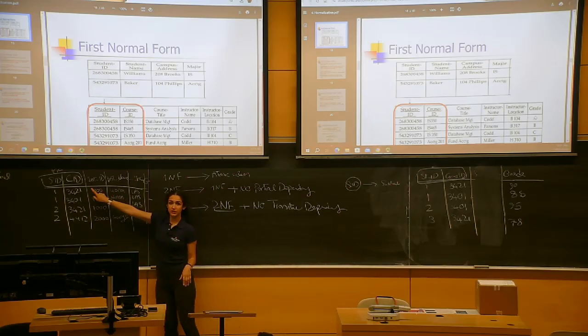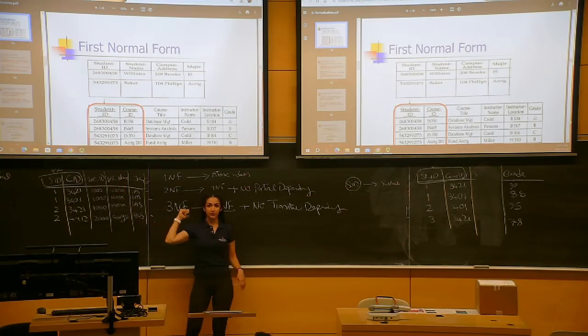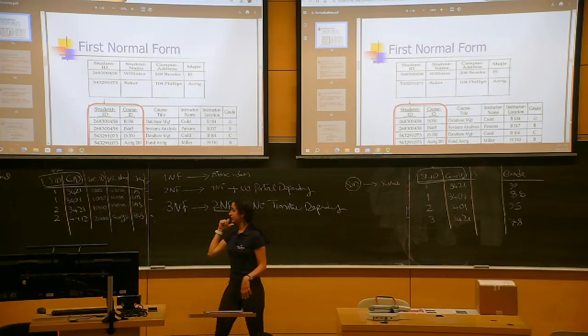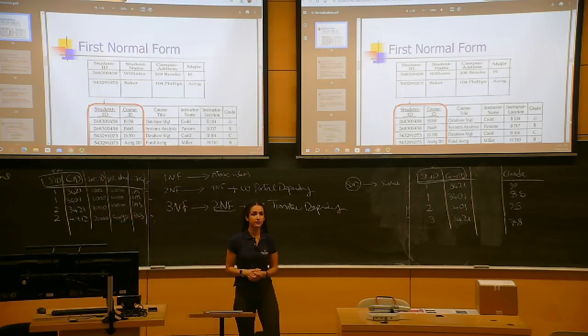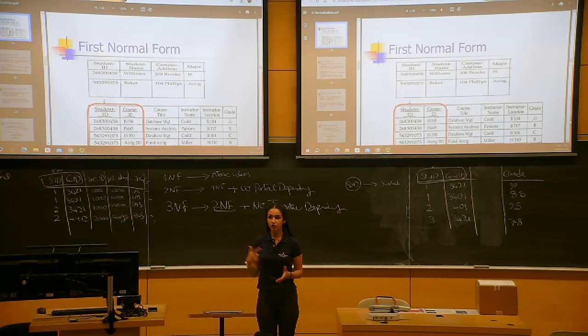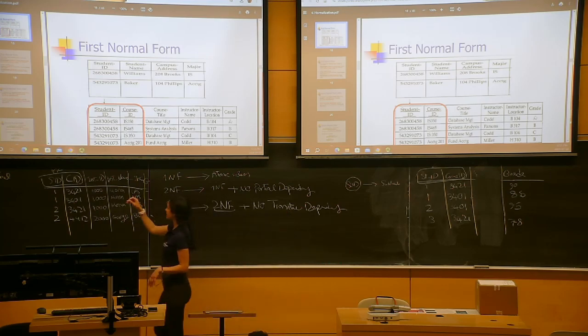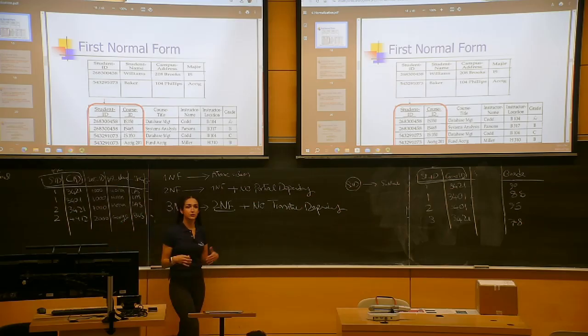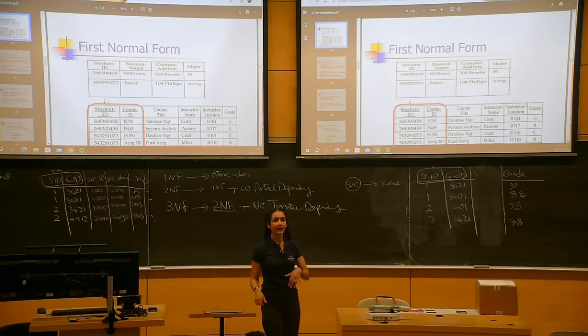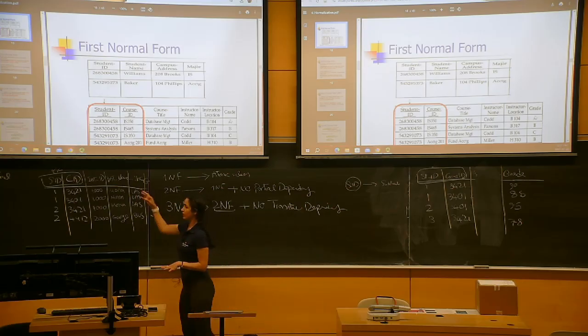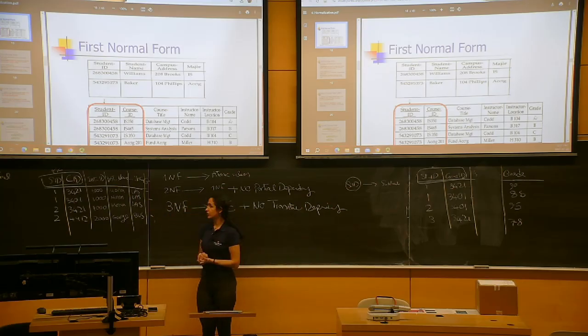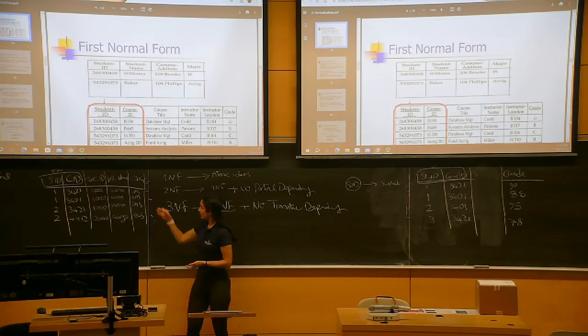If my assumption is that each course can be taught by only one instructor, can I say course ID can uniquely identify the instructor? Yes. Is it a partial dependency? Yes. So in this case there is a partial dependency, so the table is not in 2NF and it is not in 3NF.